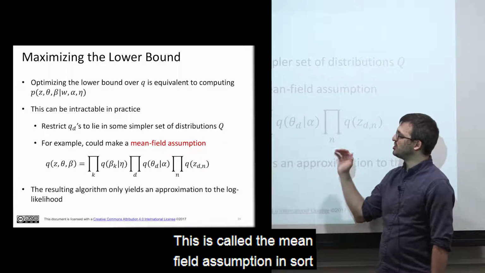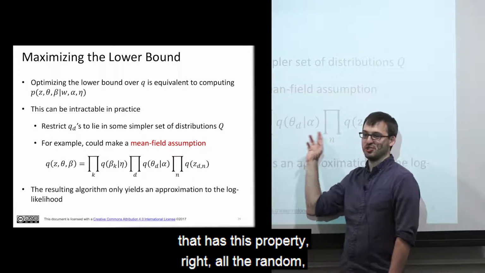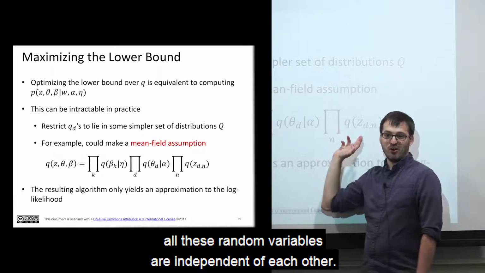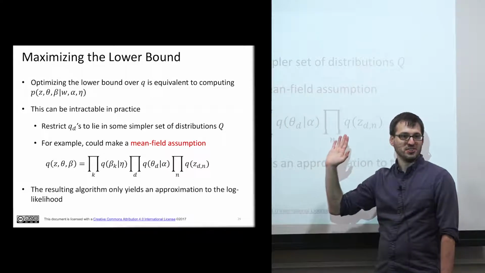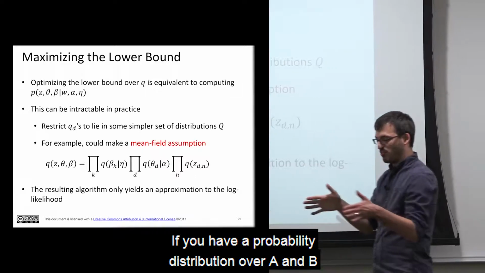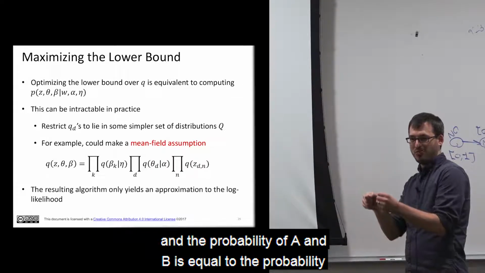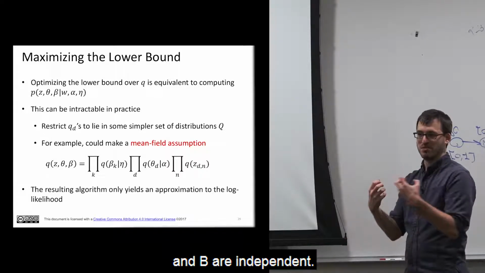This is called a mean field assumption in probability parlance. When you have a probability distribution that has this property, all of these random variables are independent of each other. This is the definition of independence. If you have a probability distribution over A and B, and the probability of A and B is equal to the probability of A times the probability of B, it means that A and B are independent.